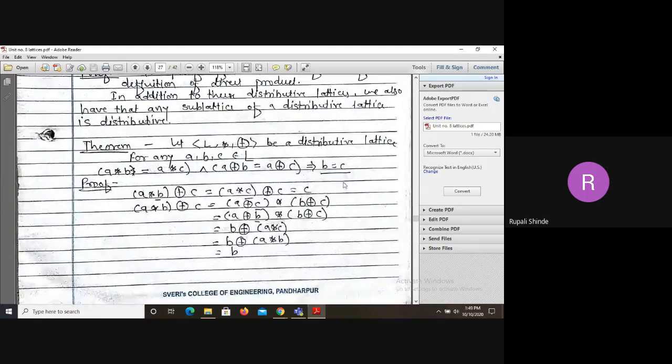So without applying distributive property, we got answer as C, and after applying distributive property, we got answer as B. So here B is equals to C. Understood now? Yes, ma'am. Okay.